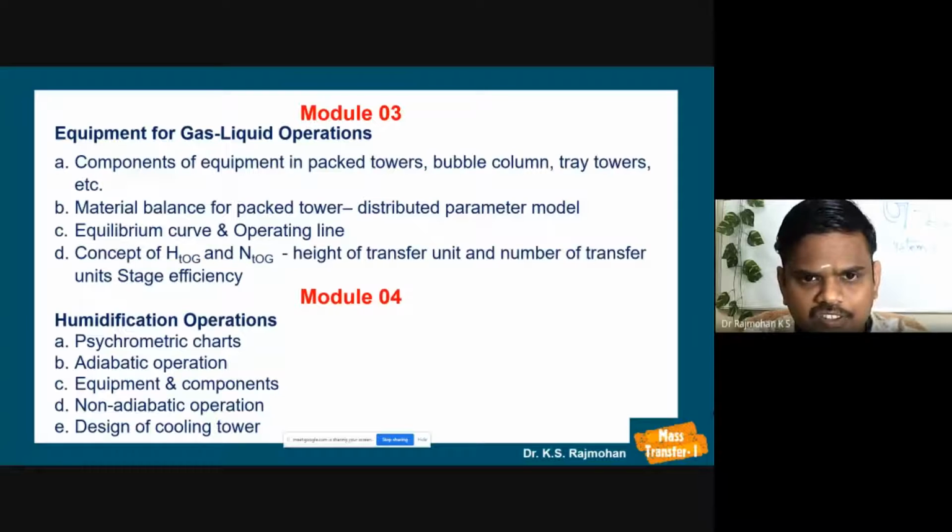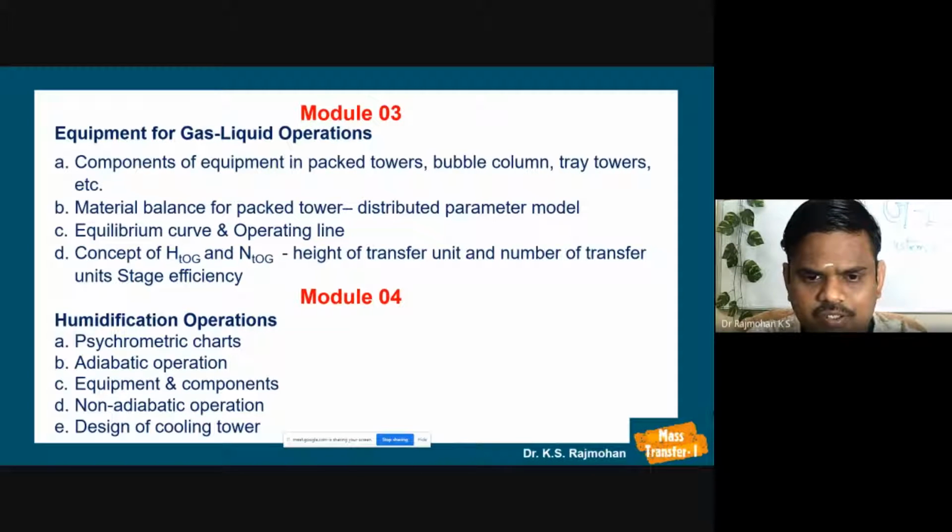If you look at the contents of this module 3, as I just explained, we will discuss the components of equipment for packed tower, bubble column, trickle towers, etc. We will perform the material balance for packed towers, and we will discuss the equilibrium curve, Henry's law, and how to draw the operating line for any operation like absorption, the concept of height of transfer units and number of transfer units, and stage efficiency.